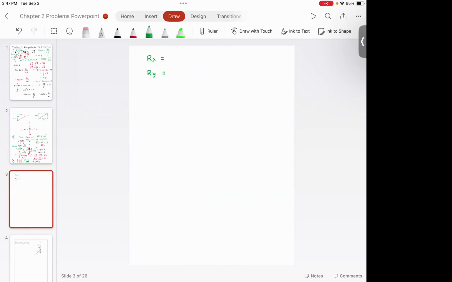Your vector equation to start with is AB plus BC is equal to AC. What is Rx? Negative.